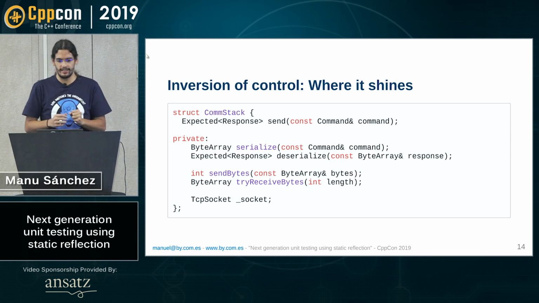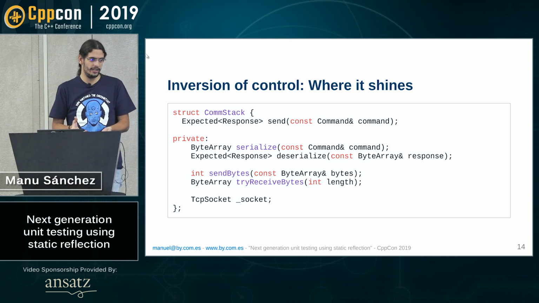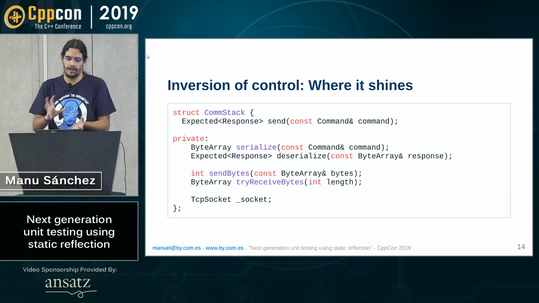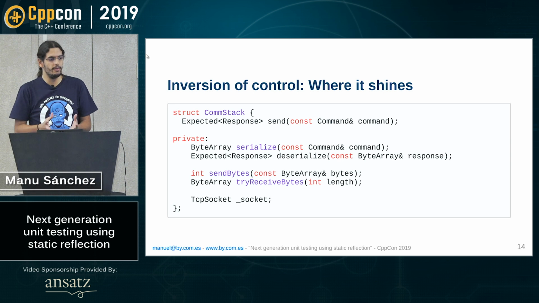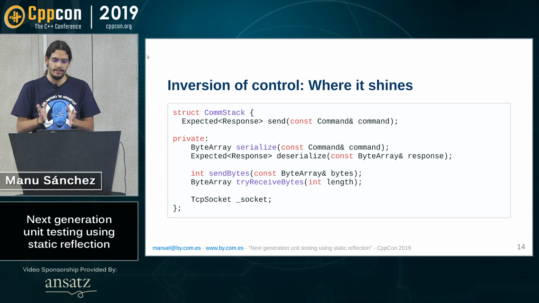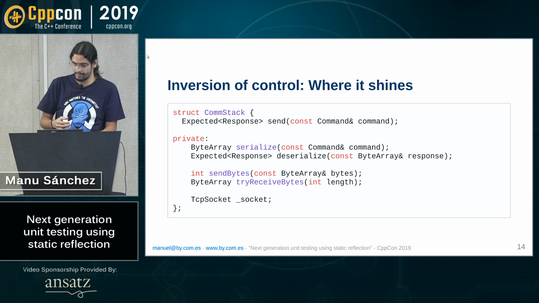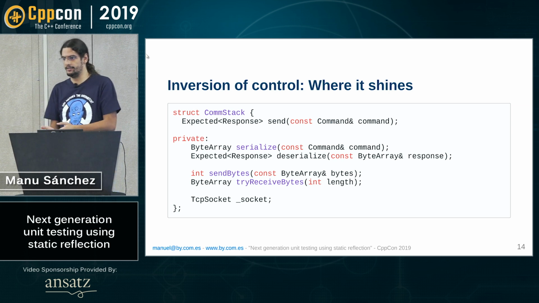And you have a class like this that represents the communication stack of your application. This is overly simplified, but it works as an example. You have a send method of your communication stack that takes a command, the representation of whatever command in your application domain, and returns a response in your application domain.